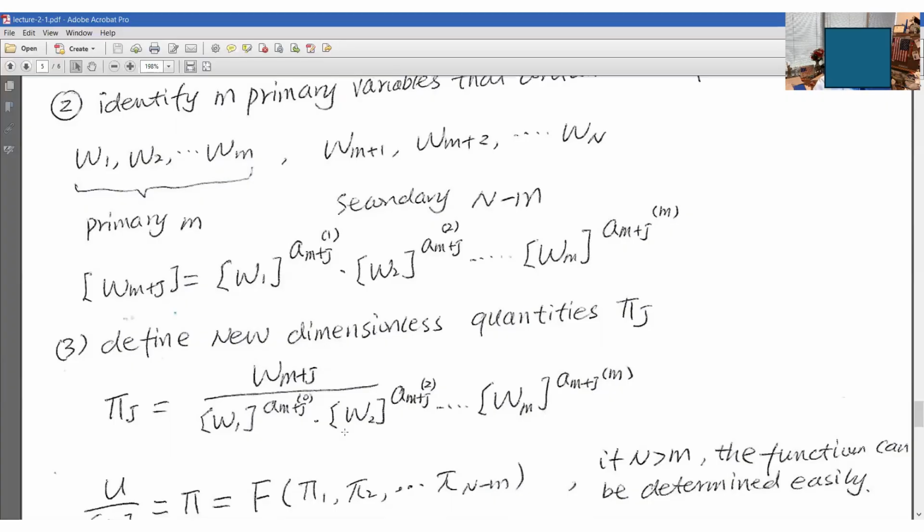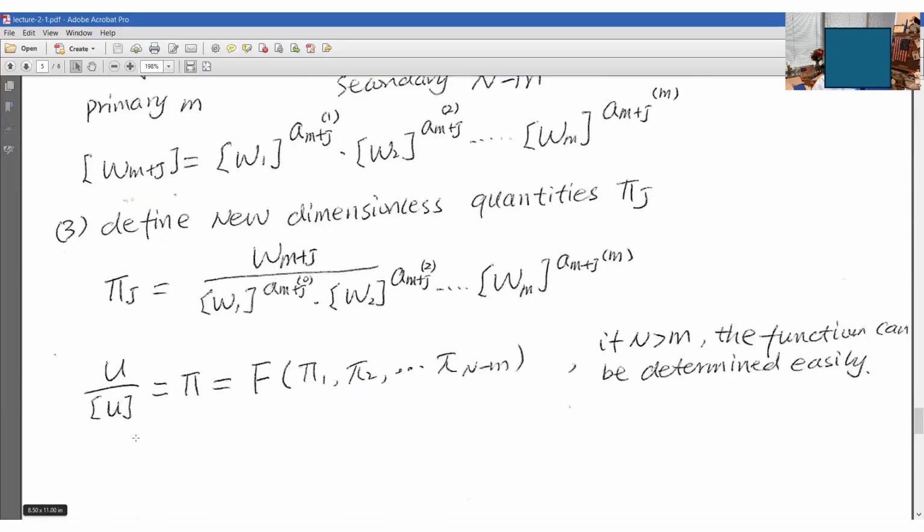And this u, you can make this u dimensionless also. u is a variable, divided by its own dimension, and definitely it will be a dimensionless pure number. Do you guys agree?